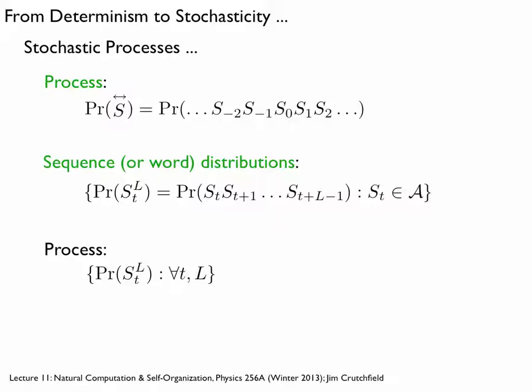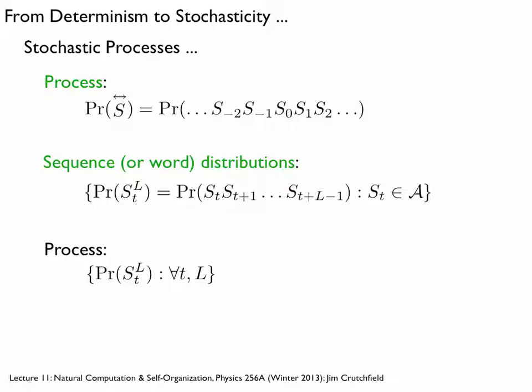Again, practically, we can also talk about sequence, typically I'll say word distributions, and that is the set of probability distributions over the L blocks. So this is a very big set here, right? And this is essentially an alternative way of specifying a process.